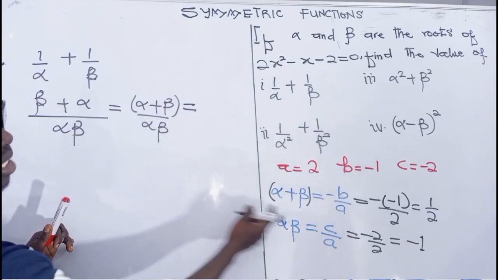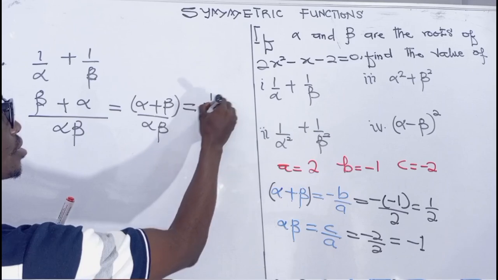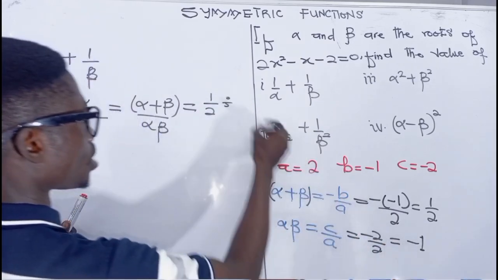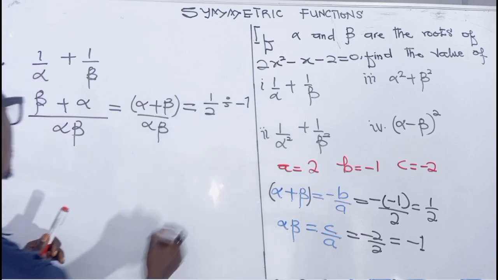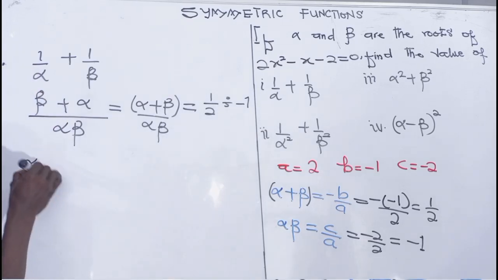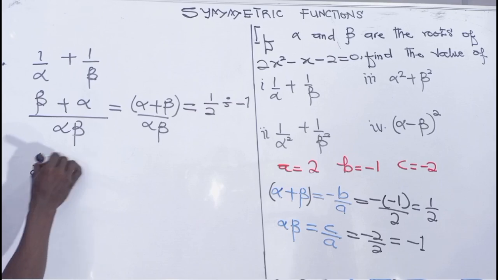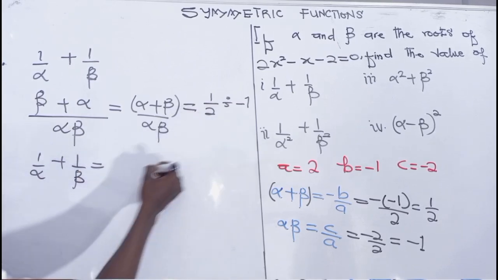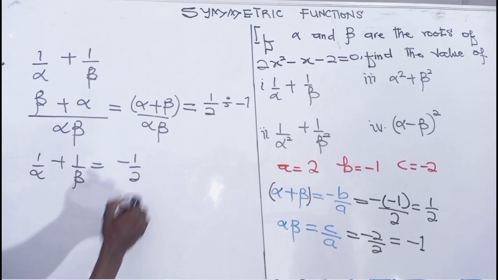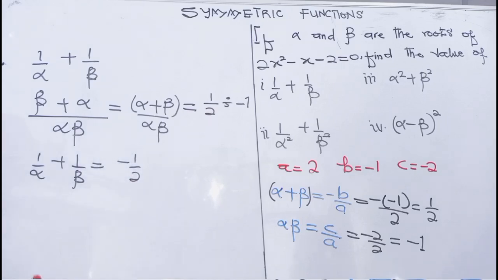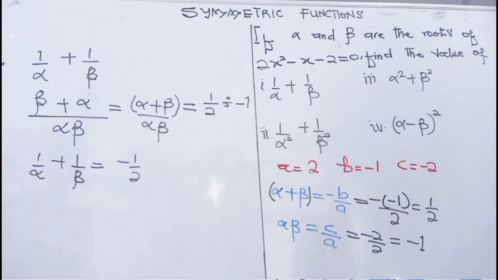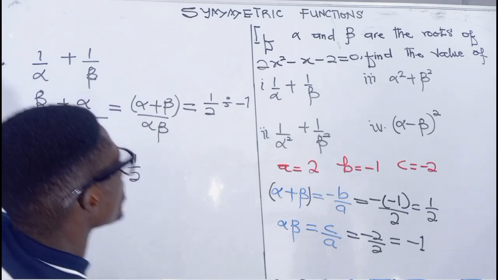So alpha plus beta, we had 1 over 2, divided by minus 1, and this is going to give us 1 over alpha plus 1 over beta is equal to minus half. As easy as that. Let's look at this particular one before we come to the second one.